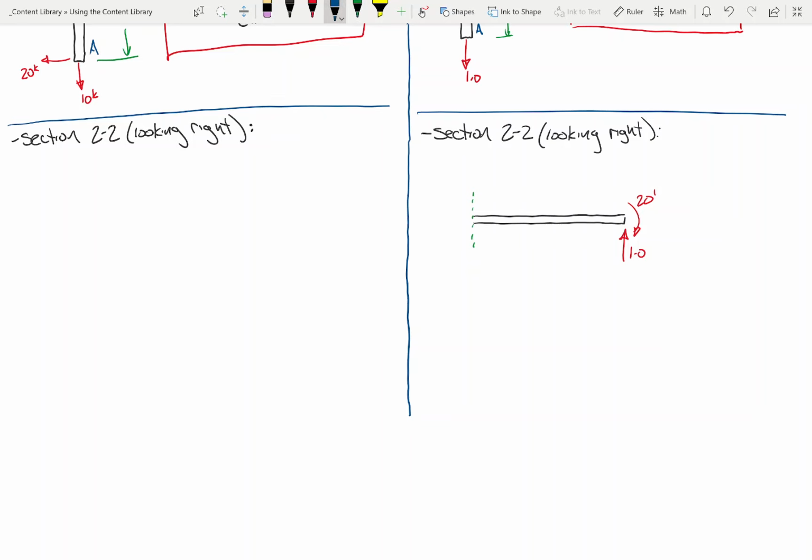And let's just think about this in a full unknown fashion. I'm going to have a shear, a moment, and an axial force. Now, I'm not using the shears now. I'm not using them, okay? So I mean, it's there, but I don't really care about it.